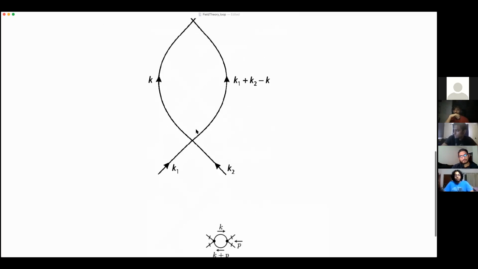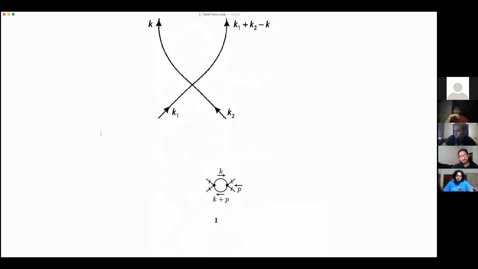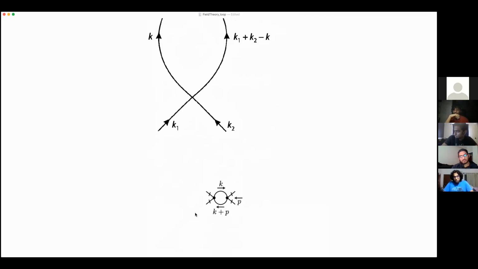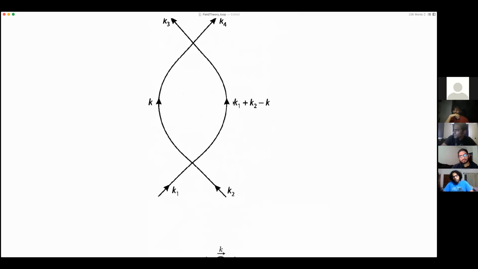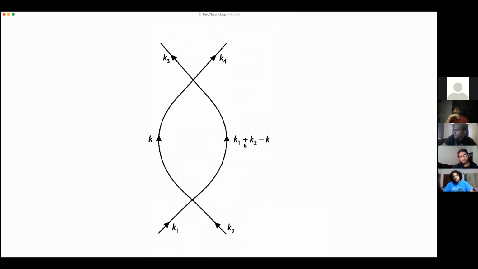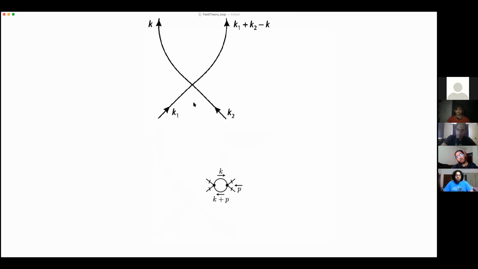So similarly here I have this amputated diagram. In the conventions of Marcus Luty, whom I borrowed this diagram from, K is the same as this K, but then P is minus K1 plus K2, or K3 plus K4 alternatively. So it's still a function of one unintegrated momentum.